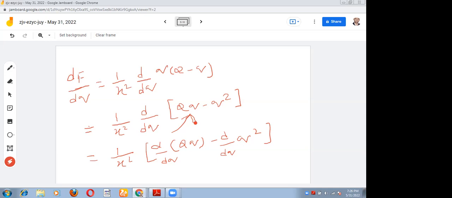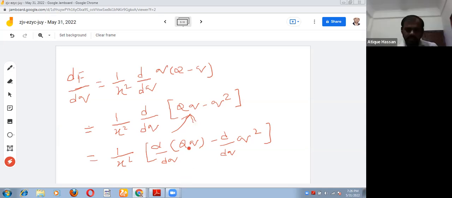Sir, here capital Q is a constant. Yeah, correct. Here capital Q is a constant, so you can take this outside. When you differentiate something, the constant comes out. So what will happen? I am further solving one step.